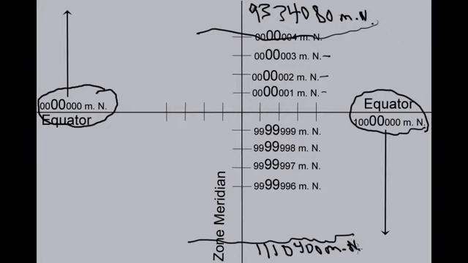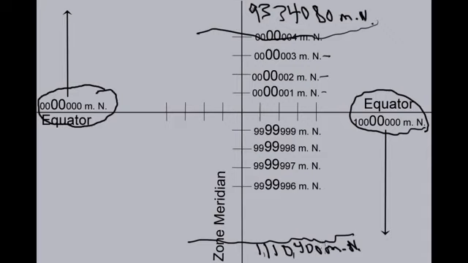What this means is that at 80 degrees south latitude, where your northing is 1,110,400 meters north, you are 8,889,600 meters south of the equator.